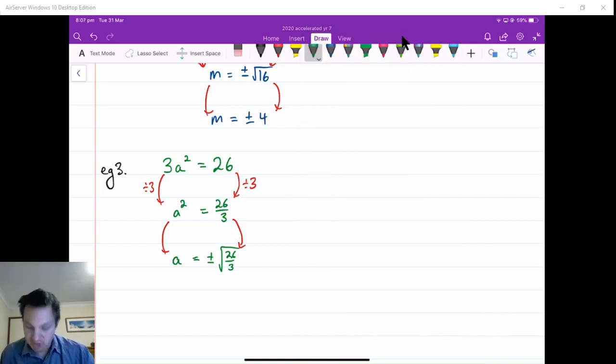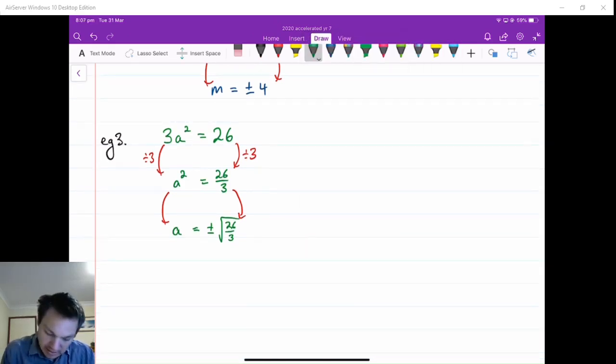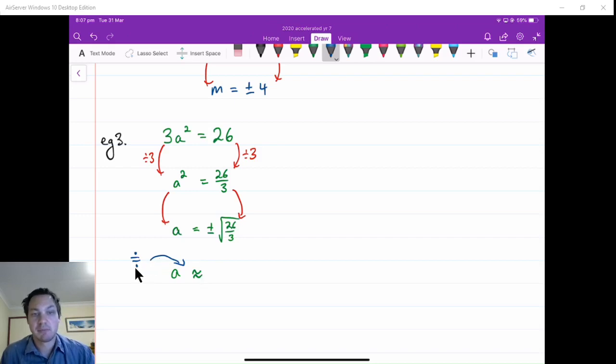So a is approximately, and remember approximately can have a squiggly equal sign like this, or instead of using that we could use an equal sign with a dot above and below it. Some people prefer that.